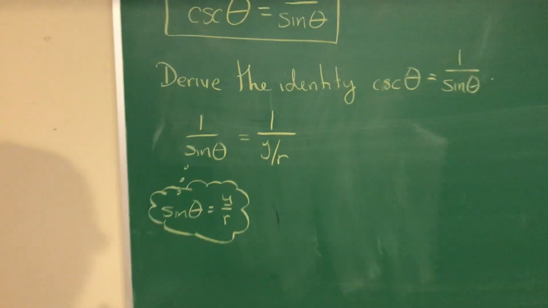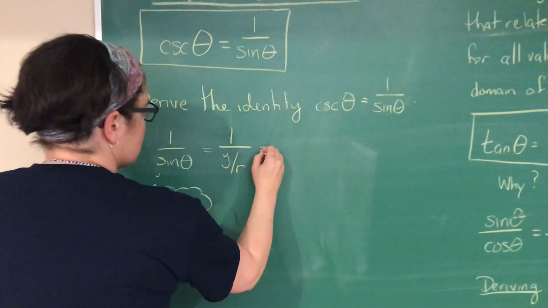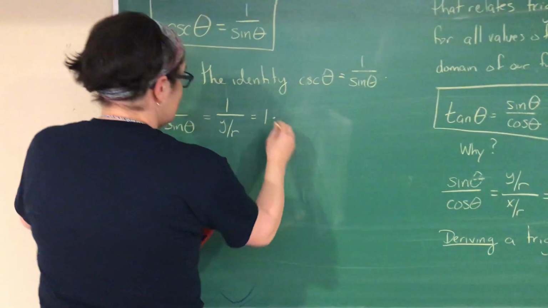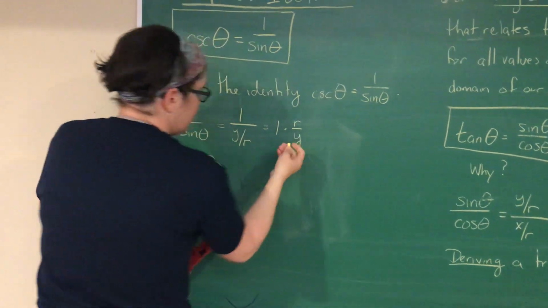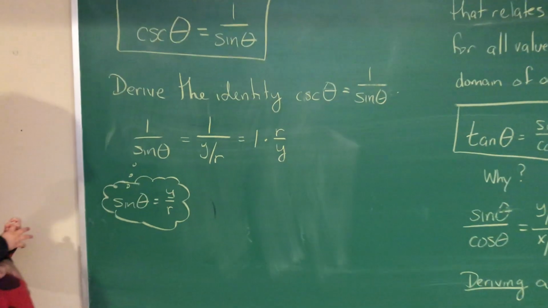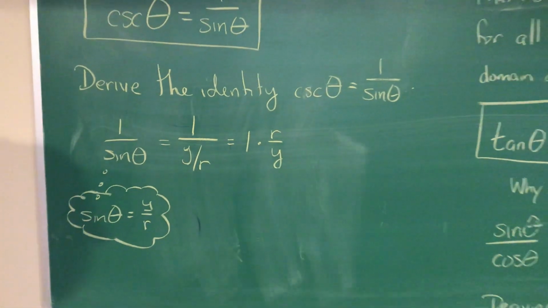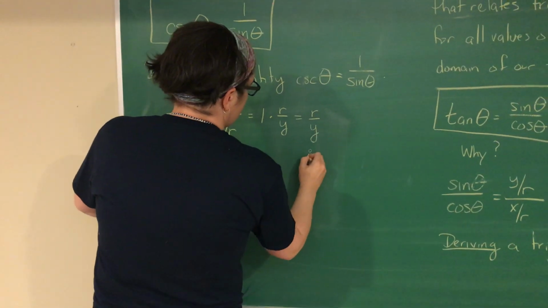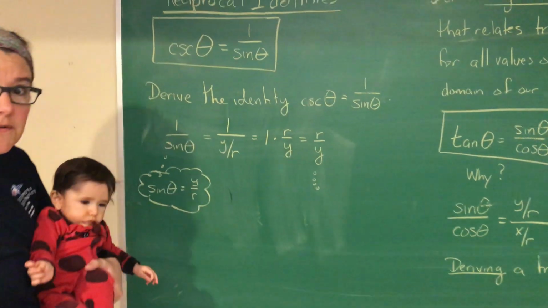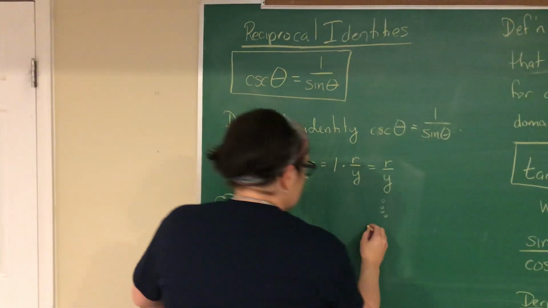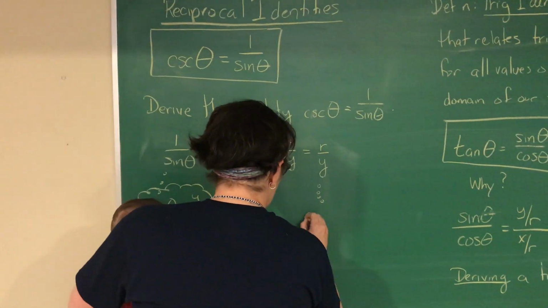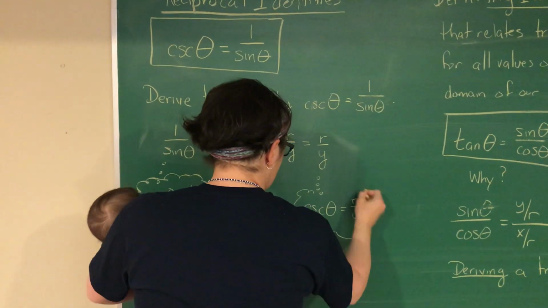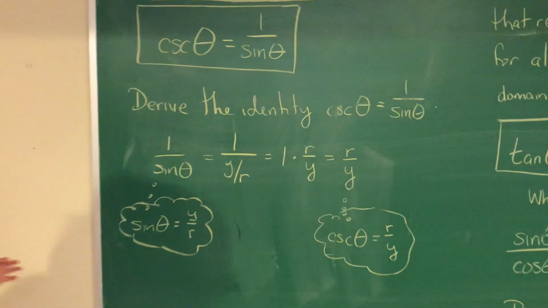And when I divide by a fraction, that's the same thing as multiplying by its reciprocal. So another way to write 1 divided by y over r is 1 times r over y. I have flipped our fraction upside down. All right, so I have 1 times r over y. That's the same thing as r over y. And if I still had my list of definitions over here, I might be able to look at it and say, okay, I remember that cosecant of theta is r over y.